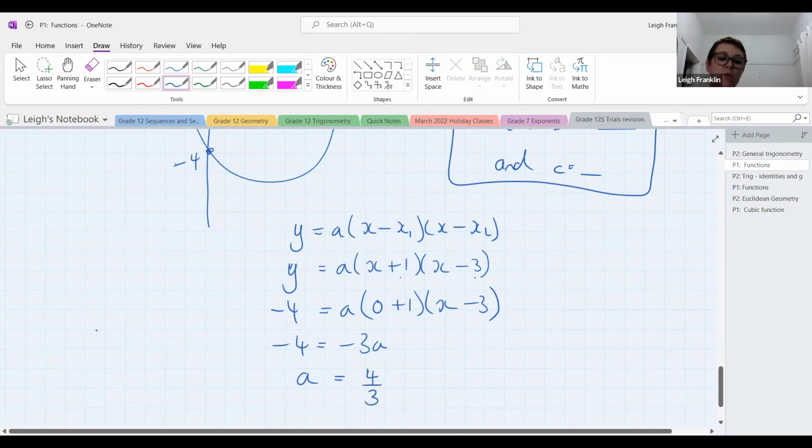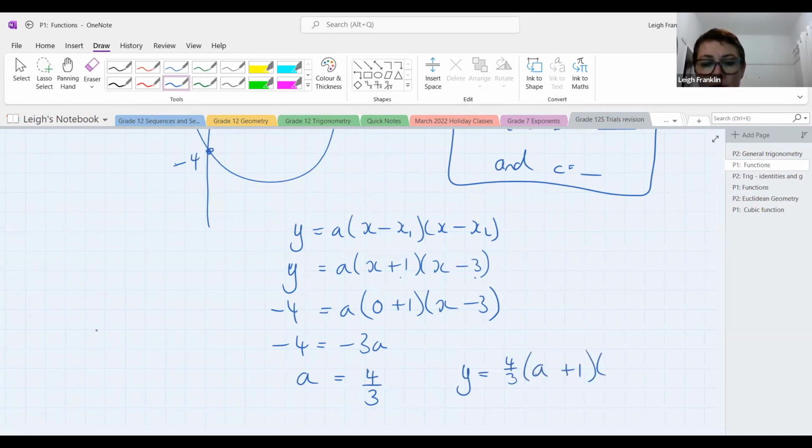And then you would take that and sub it into this line, y equals 4/3 times (x plus 1)(x minus 3). And then you would have to multiply all of that out, and then you would get your values for b and c. Okay, Kaiser?